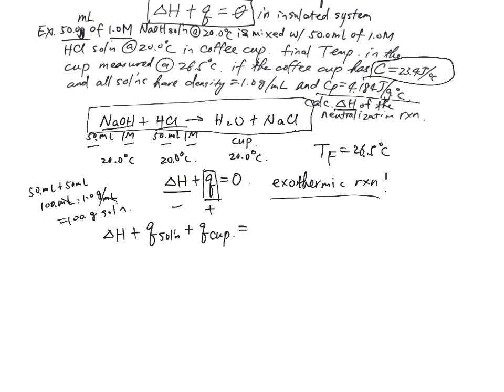So put them together, the total equals 0. Delta H is what we want, which means Q solution and Q of the cup should both be numbers.